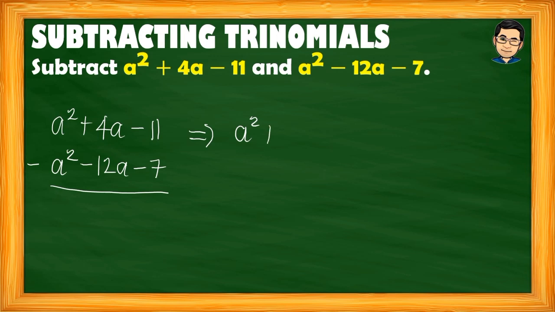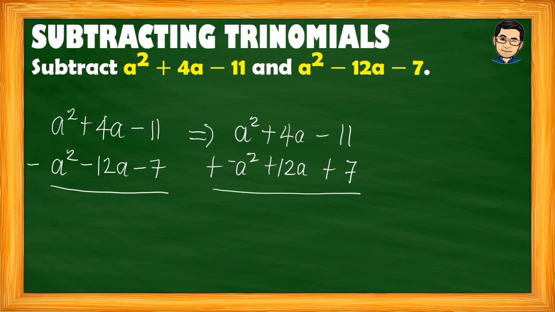So, plus 4a minus 11. And then, plus, so a squared will become negative a squared. And the negative 12a will become positive 12a. And then negative 7 will become positive 7. We can now add. So, a squared plus negative a squared, that is 0.